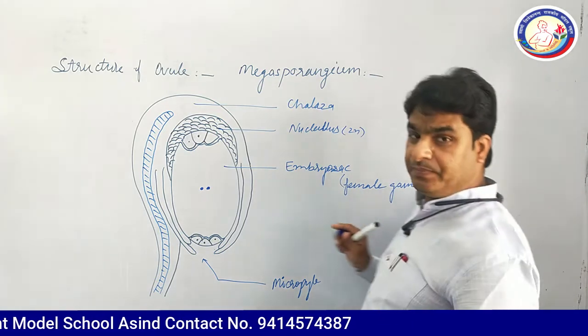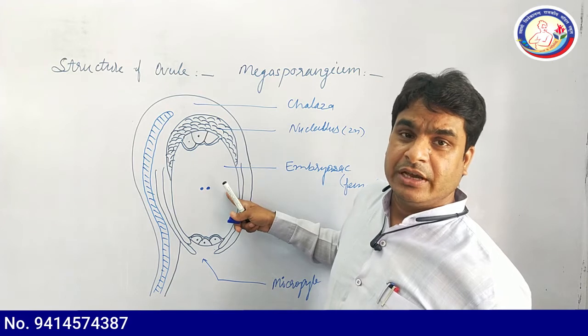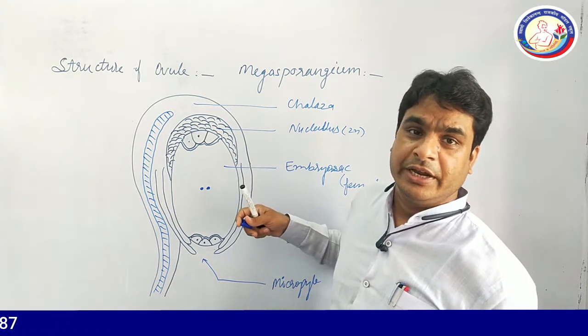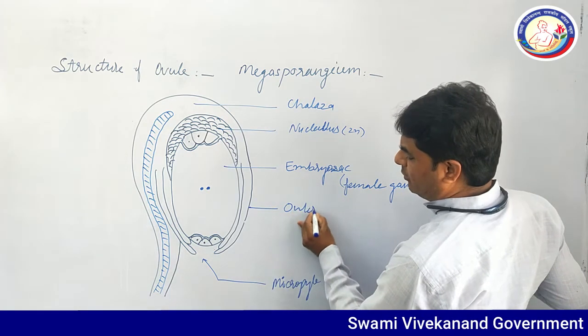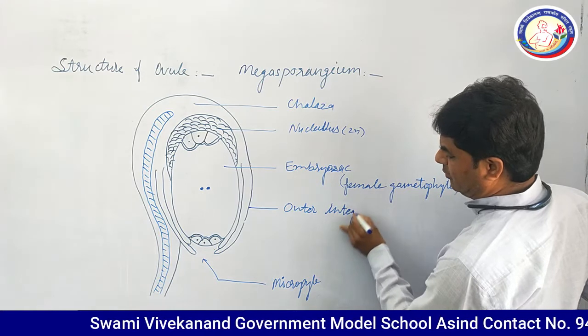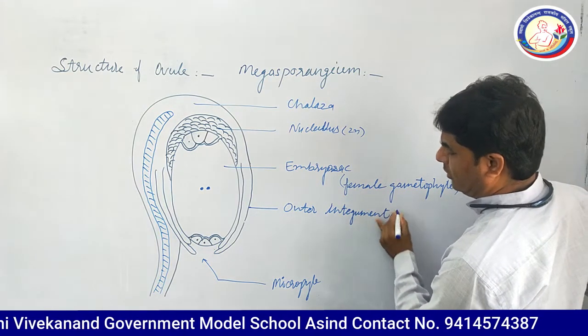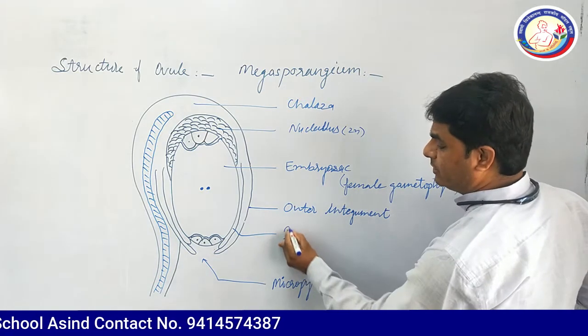In this structure, the embryo sac is covered by two layers, and these layers are known as integuments. This is the outer integument, and this is the inner integument.